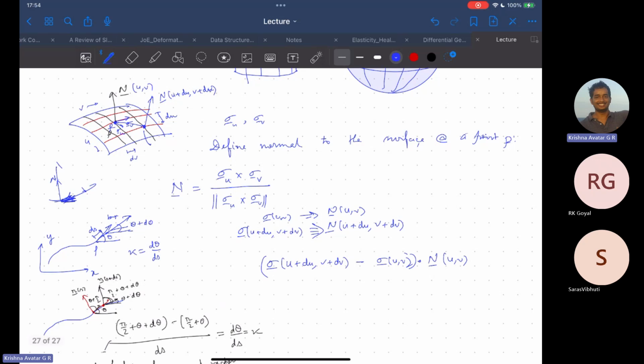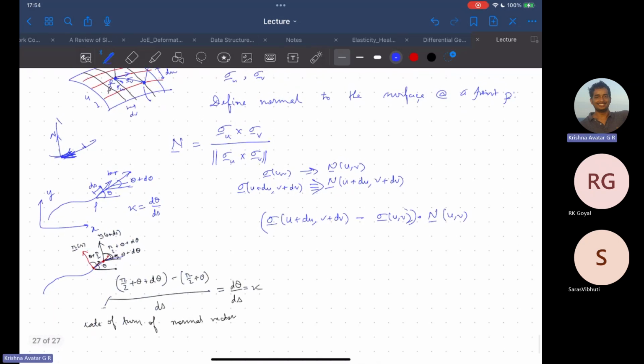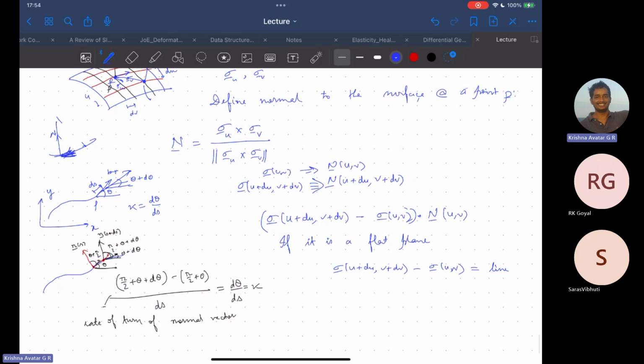Now you'll ask, what if it is a flat plane? Then sigma vector (u plus du, v plus dv) minus sigma vector (u, v) is going to be a line in the plane, or maybe a small line segment, or just a vector in the plane.